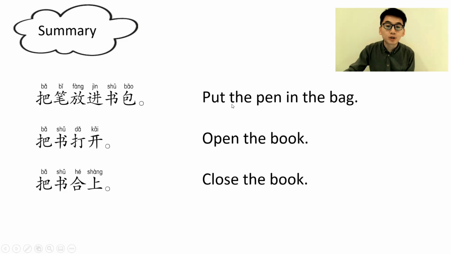It means put the pen in the bag. 把书打开 open the book, and 把书合上 close the book. Remember, the structure of 把 sentence is 把 add item and add action. 把书打开. That's the 把 sentence.